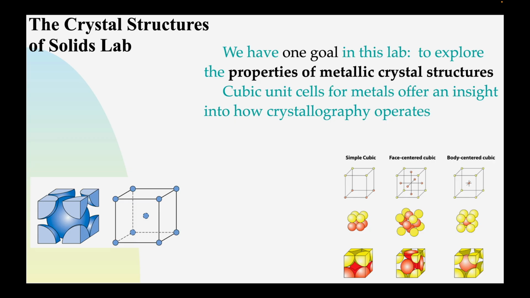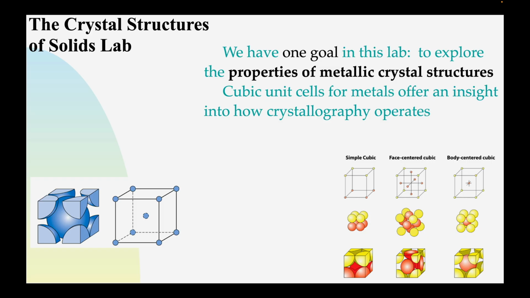So as I stated earlier, solids can be broken down into two general classifications. Amorphous, which is like clay and dirt, stuff like that. It's harder to predict the properties, so we're not going to talk about it in this lab. But a lot of solids are what they call a crystalline solid, which means they have small repeatable units in the massive sample.